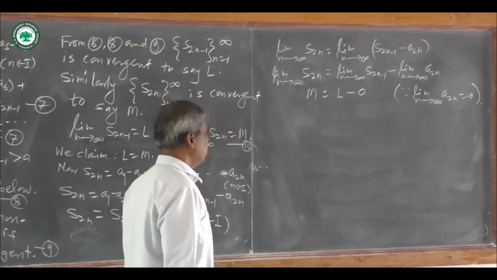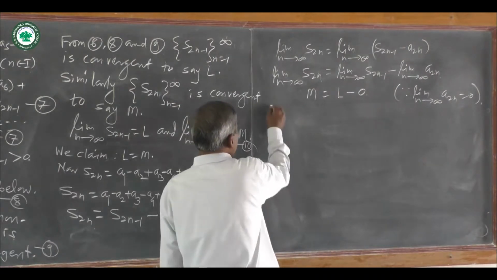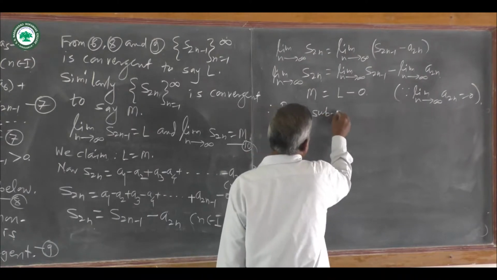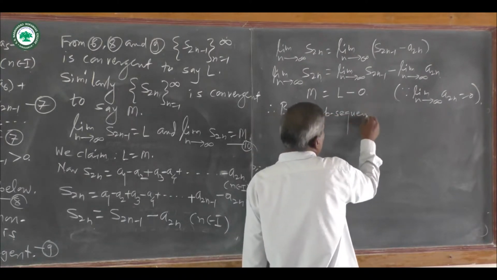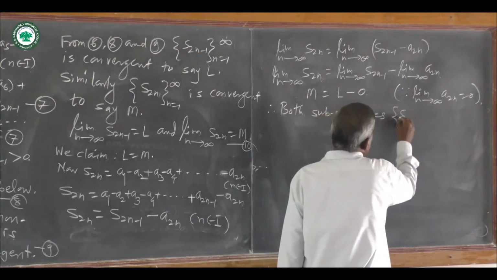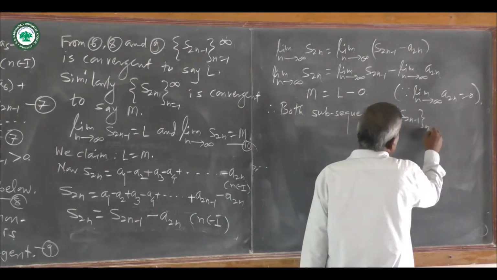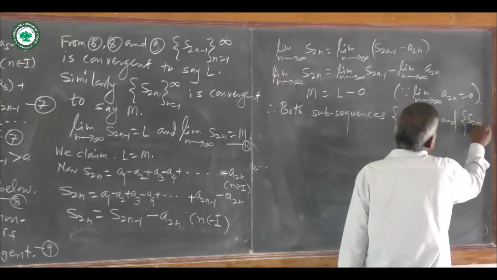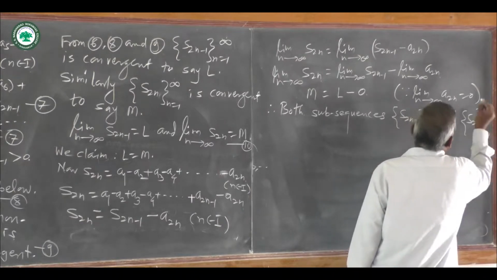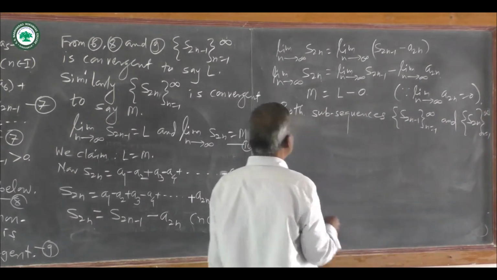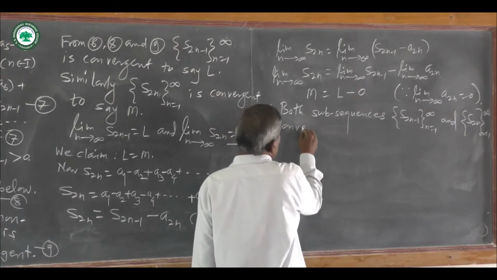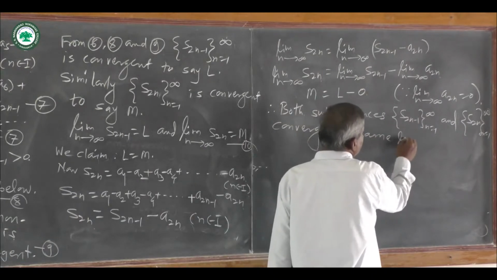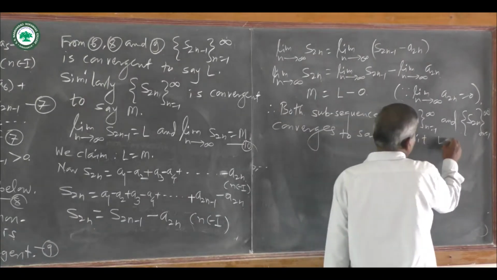Therefore, both subsequences S suffix 2n minus 1, n equal to 1 to infinity, and S suffix 2n, n equal to 1 to infinity, converge to the same limit. L equals M.